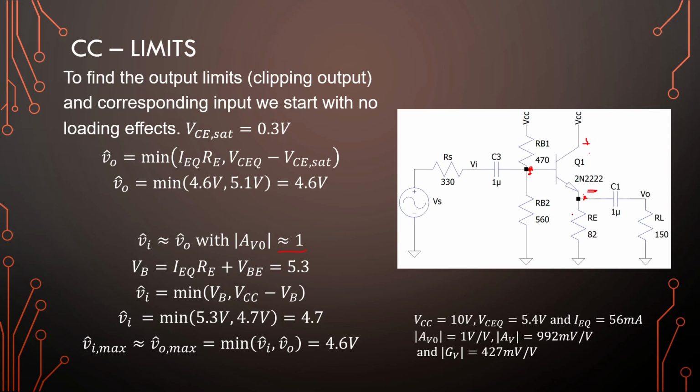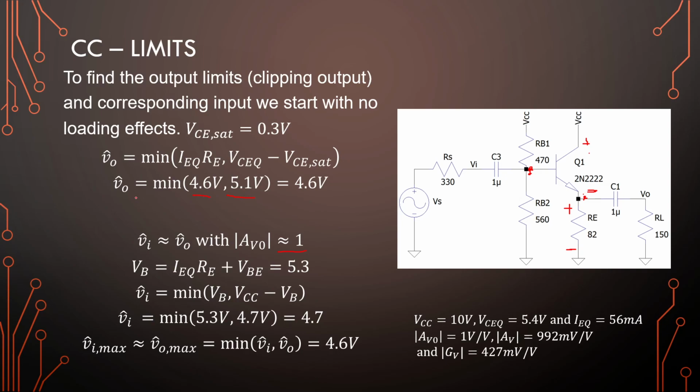It's still just VCE minus VCE saturation. So the voltage over here minus 0.3, so that would be 5.1. And then the total drop across our emitter resistor with this very large current that we're having, and that is 4.6 volts.